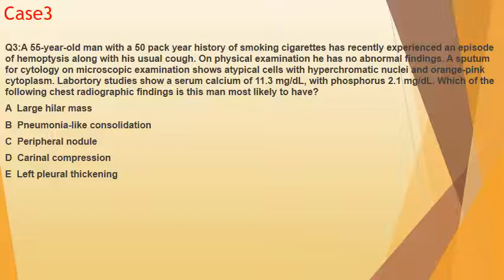This is serious. When there is hemoptysis and he is a smoker, this is serious. We have to think about something serious rather than infection, actually. Anyway, on physical examination there is no abnormal finding.